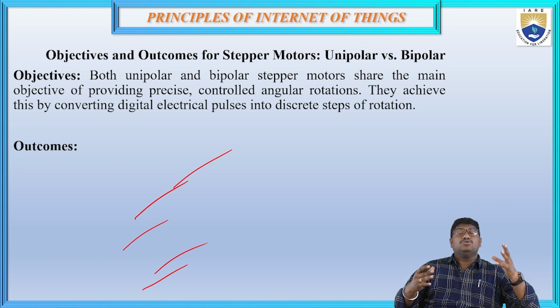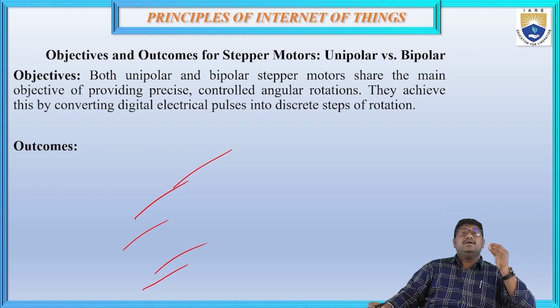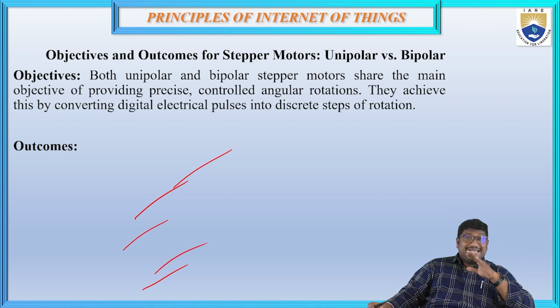The main objective of these unipolar and bipolar stepper motors is to provide precise control of angular rotation, achieved by converting digital electrical pulses into discrete steps of rotation. This is the main objective.